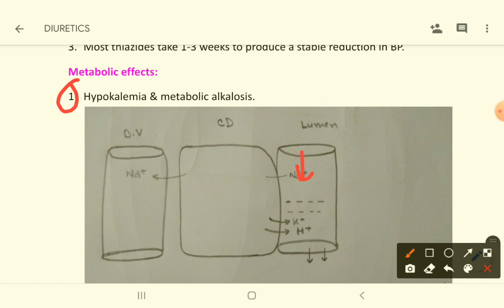Now what happens is that from the collecting duct lumen, some of the sodium gets reabsorbed into the blood vessels.